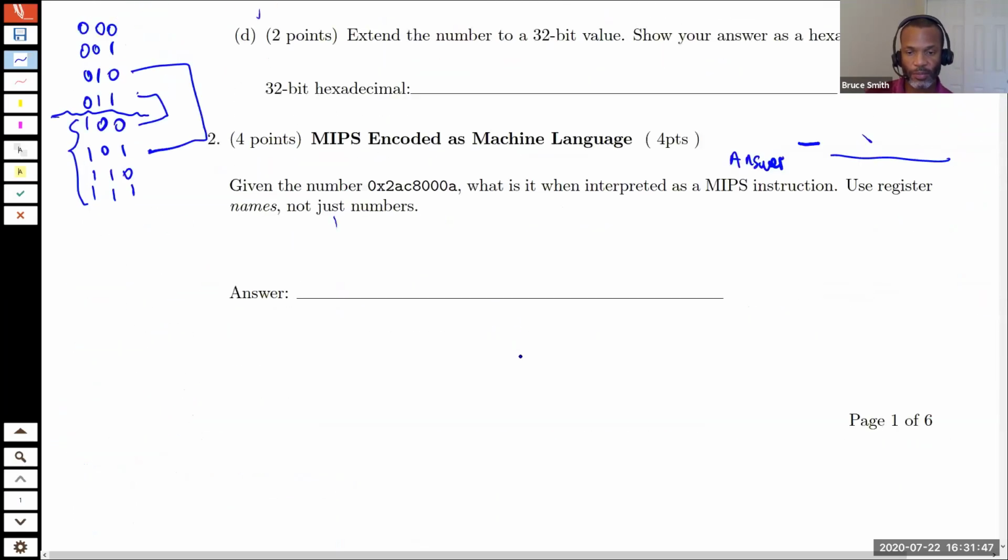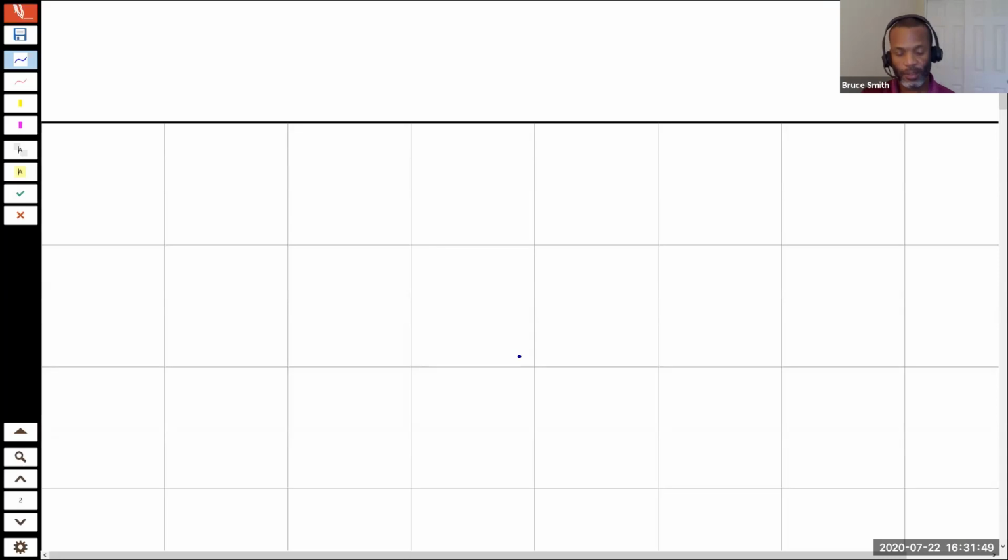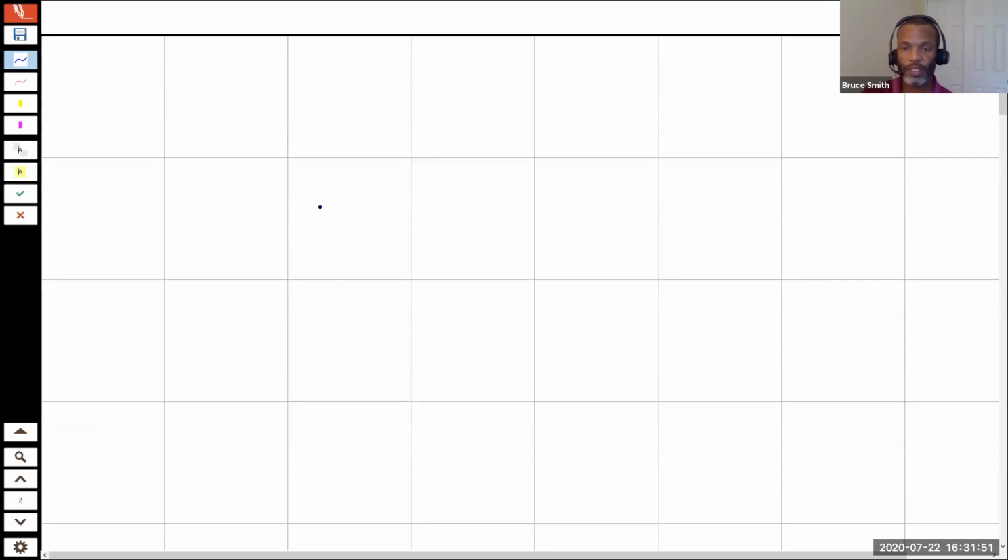Let's do this. Hexadecimal values, there are 16 different characters, and they go up from here all the way to 1111. The easiest way for me to write down all of these, I know that there's a pattern.